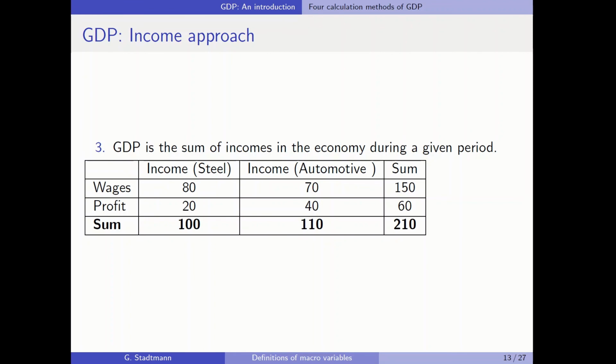We should not only look at the income from the factor labor, we should also consider the income generated by the factor capital. So this is very important. Income is income from wages and in the form of dividends and interest for the factor capital.